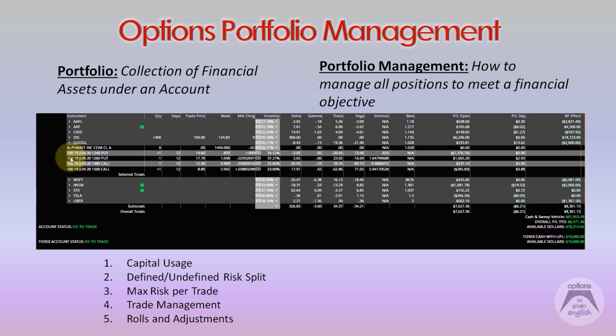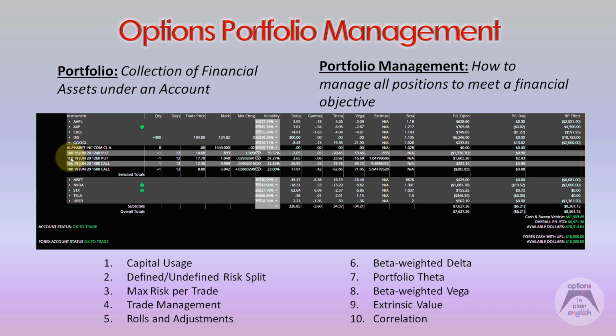We're going to look at maximum risk per trade. We're going to look at trade management, roles and adjustments, beta weighted delta, portfolio theta, beta weighted Vega, extrinsic value, and correlation. Each one of these different aspects we're going to be analyzing, and we're going to see how they come into play when designing our portfolio and when managing our portfolio.